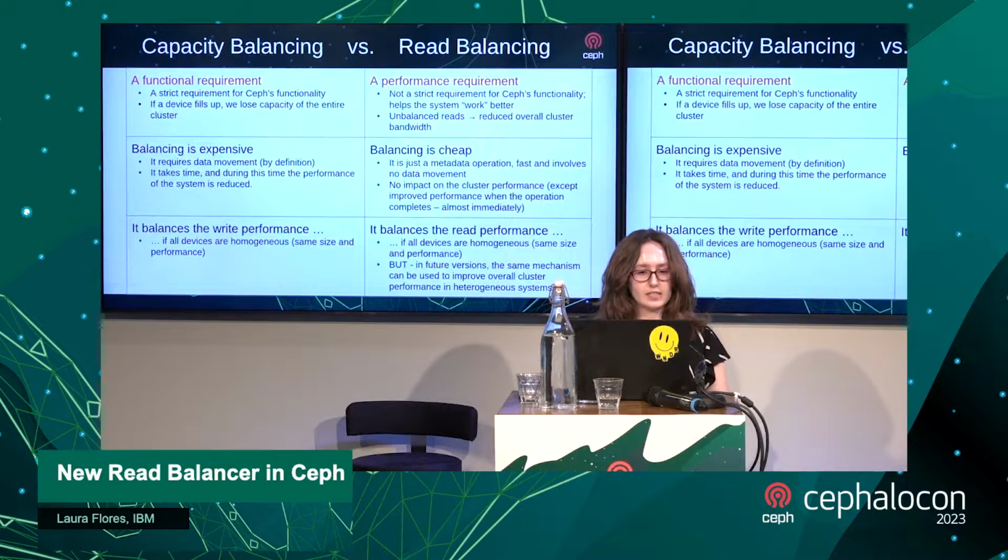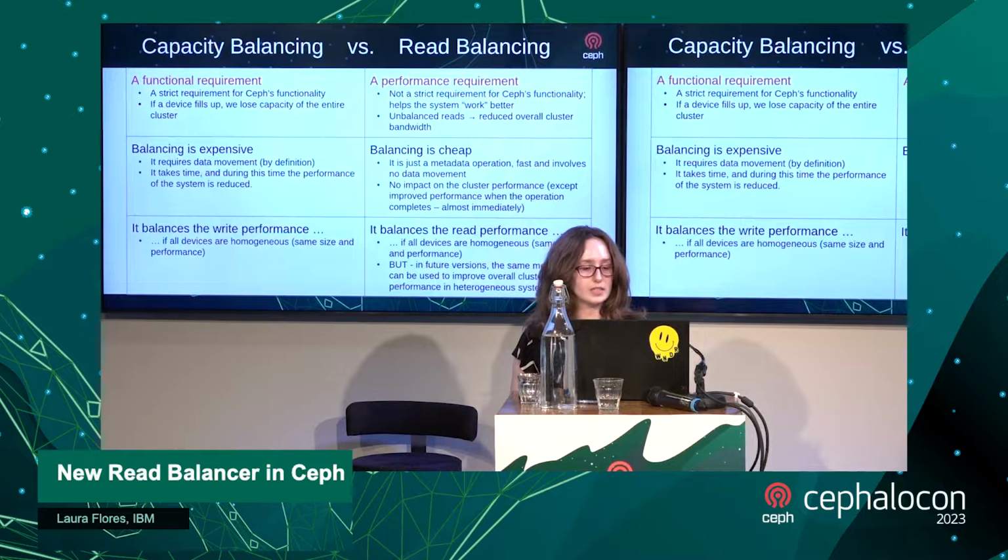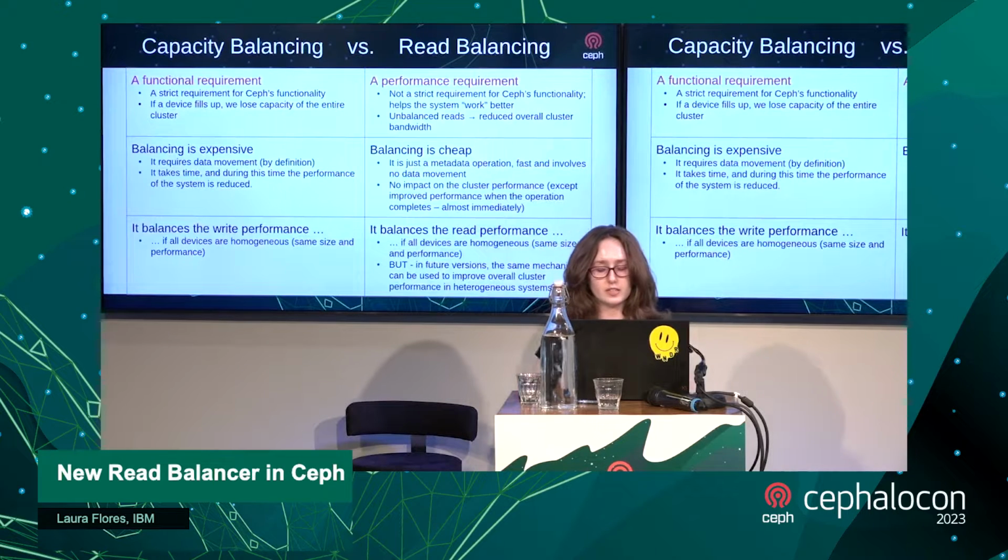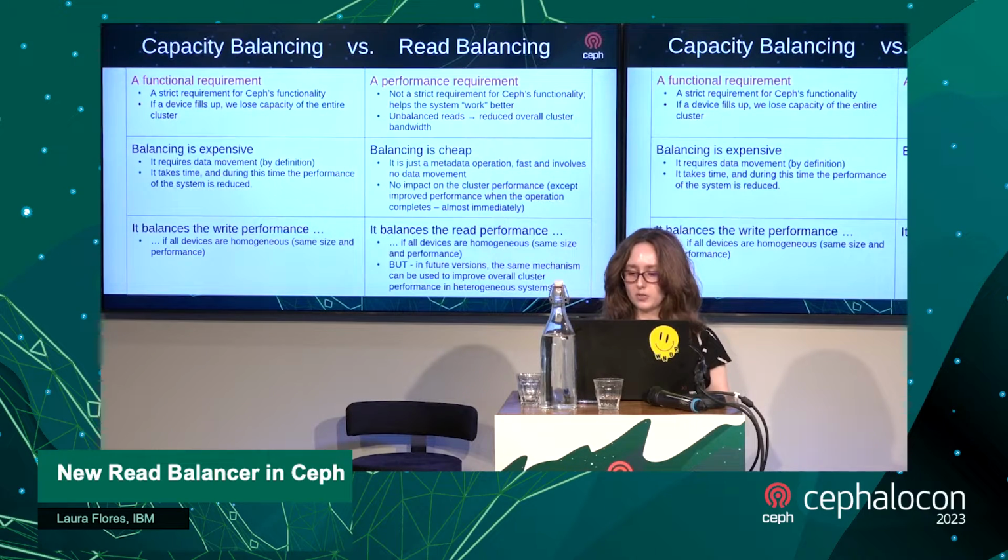The last difference: capacity balancing, we know that it balances the write performance if all devices are homogeneous, meaning that they're the same size and performance. Read balancing, this first version of the read balancer, also assumes that all devices are homogeneous, same size and performance.